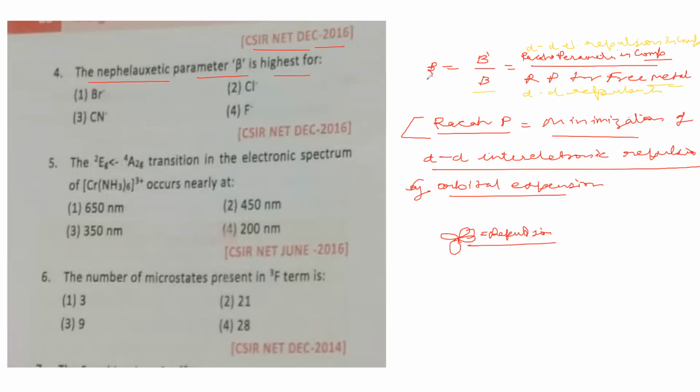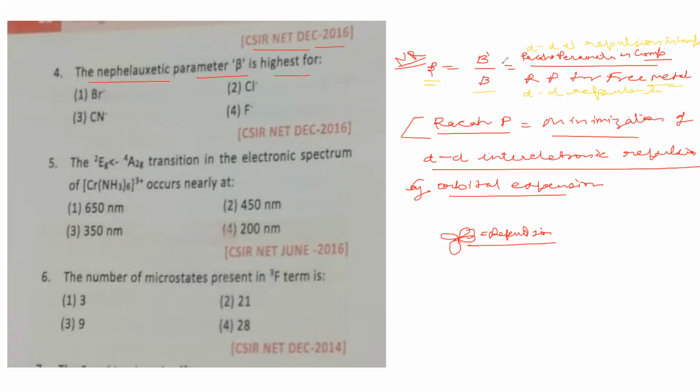And this is the nephelauxetic parameter, or it can also be said the nephelauxetic ratio, NR. Now we have to find out, from the four options, for which the beta will be highest.